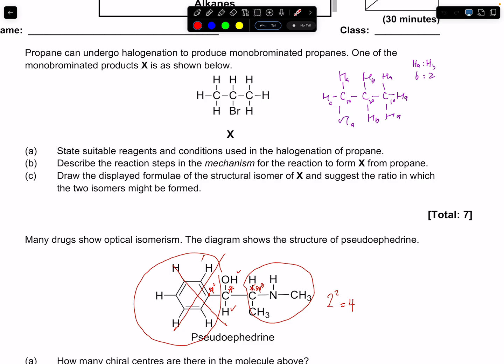Fission. Wait, for termination, do we show all three? Because they only ask for to form X.